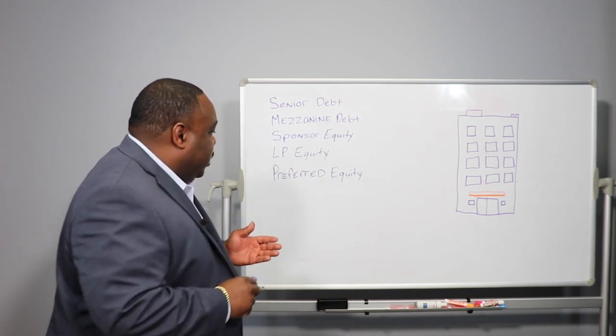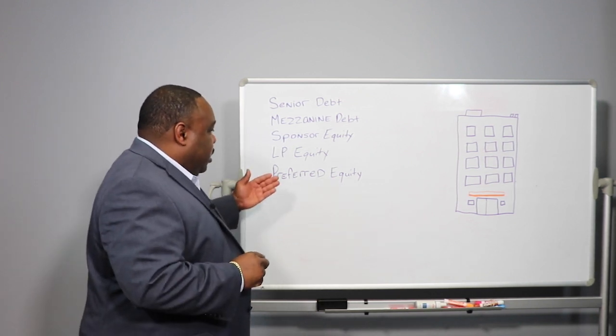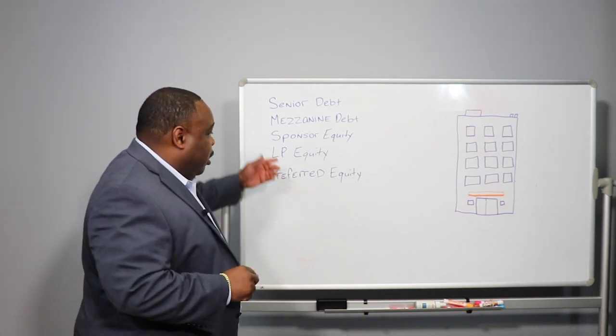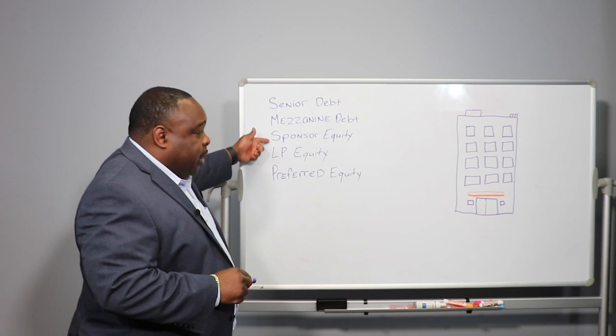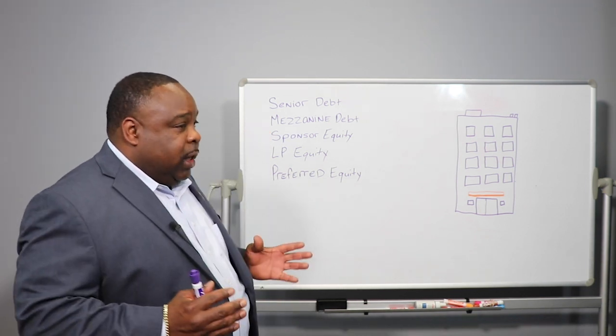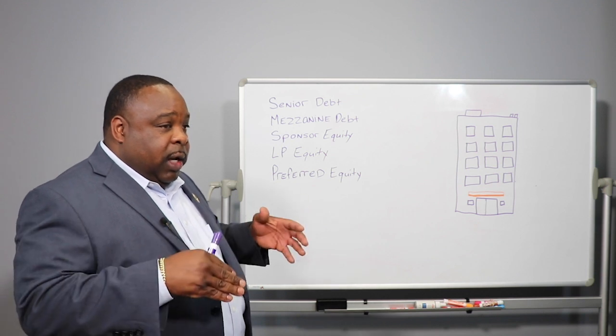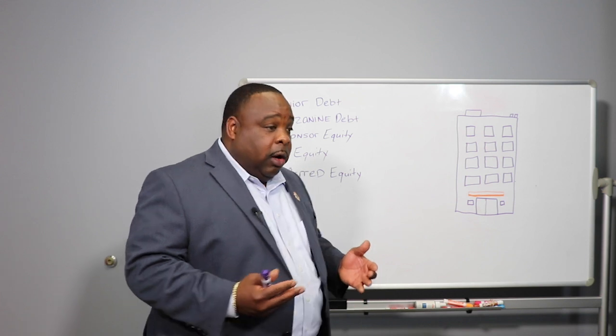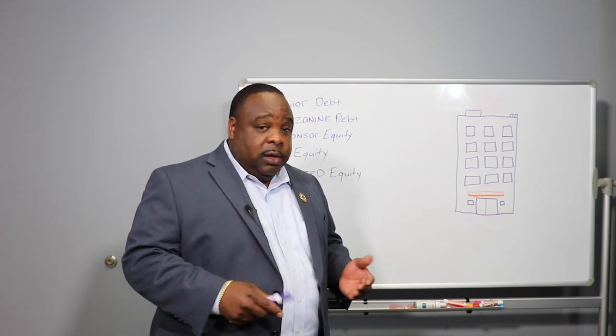Now, you may recall that the last time we started this discussion with regards to the capital stack, we talked about sponsor equity. In a way of review, sponsor equity is the equity that the owners or sponsors of the project are going to put into the transaction.